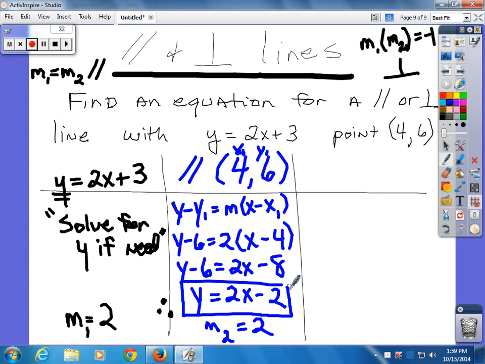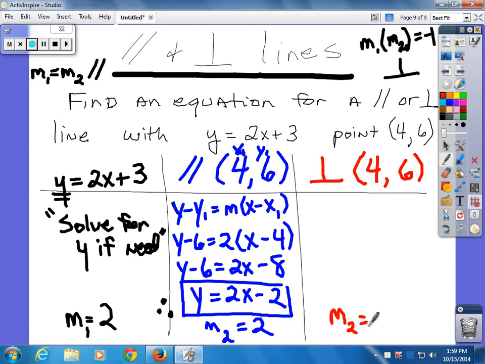Now I want you to do the perpendicular. And we'll do it in red. So that means you're going to do a perpendicular line, and it's going to go through the point 4, 6. And m sub 2 is equal to what? Now remember, for a perpendicular line, what does m sub 1 times m sub 2 have to equal?